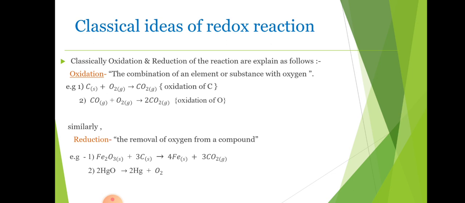In this reaction, there is oxidation of carbon. Then the second example is carbon monoxide, which is in gaseous form, combining with oxygen to form carbon dioxide, which is also gaseous. In this reaction, there is oxidation of carbon monoxide.